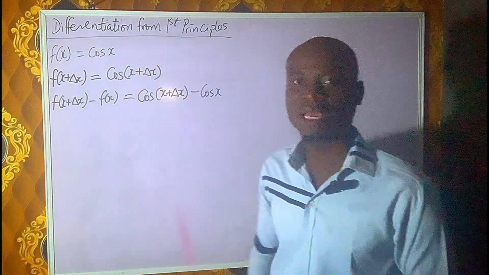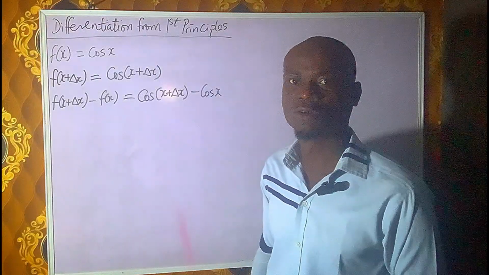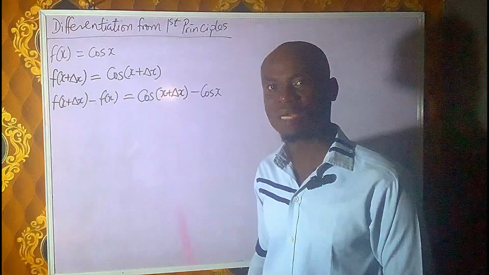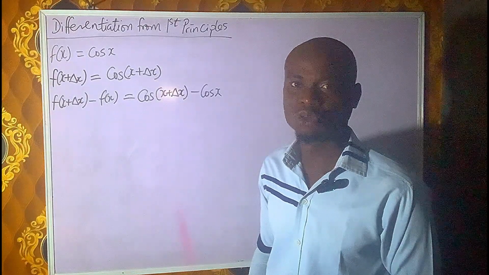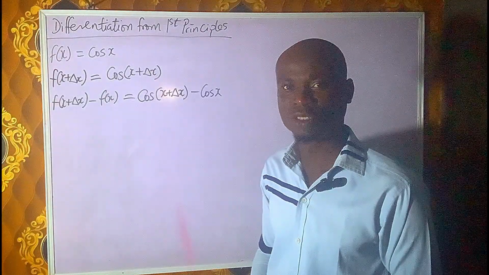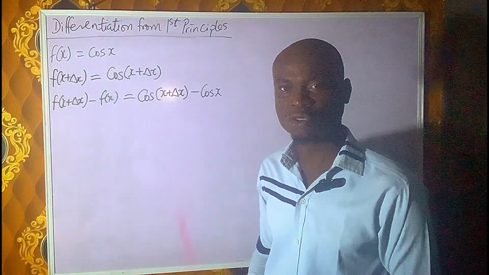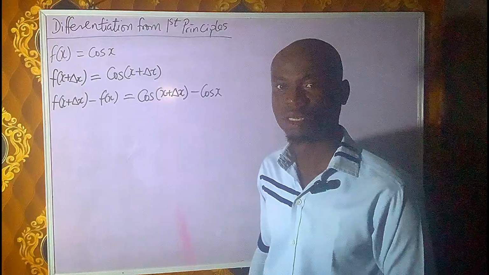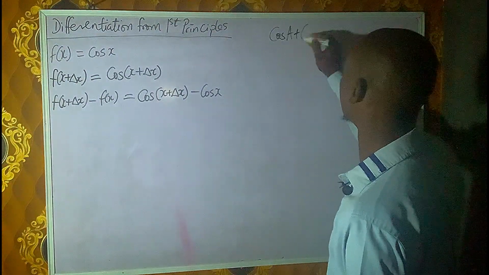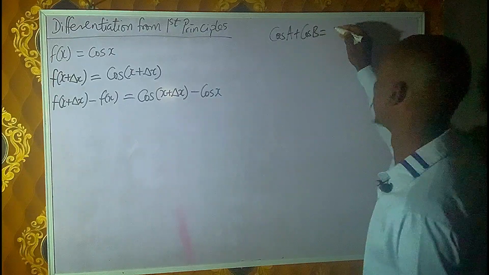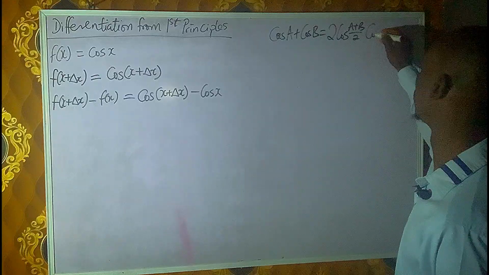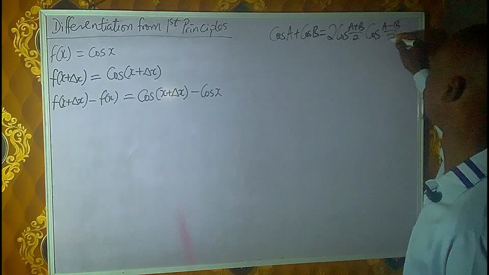So when we looked at sine x, I reminded us of the addition formulas for sine A plus sine B and sine A minus sine B. And we used the minus because it was a difference. In this case, we are going to look at the other two addition formulas, which are cos A plus cos B and cos A minus cos B. Cos A plus cos B says this is 2 cos of (A plus B) over 2 times cos of (A minus B) over 2.